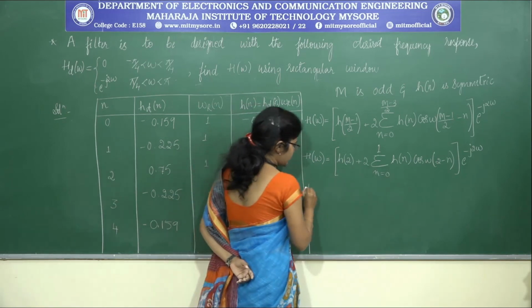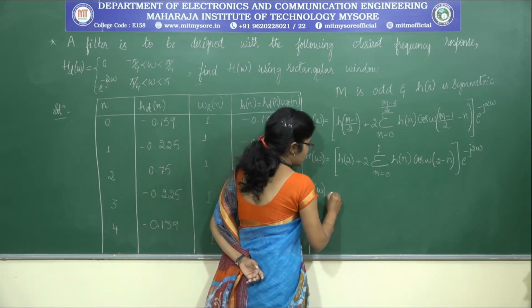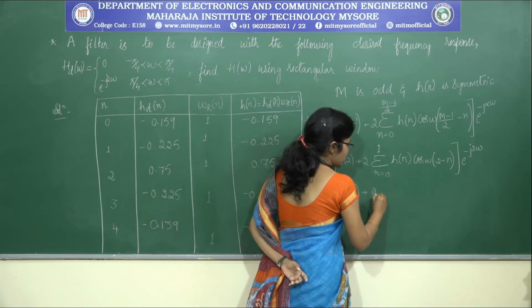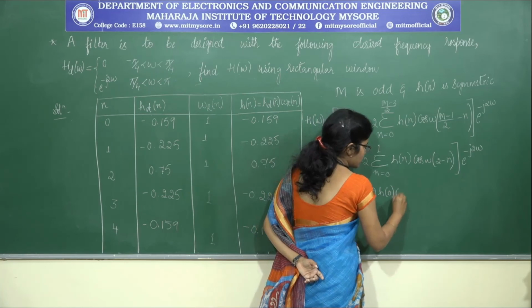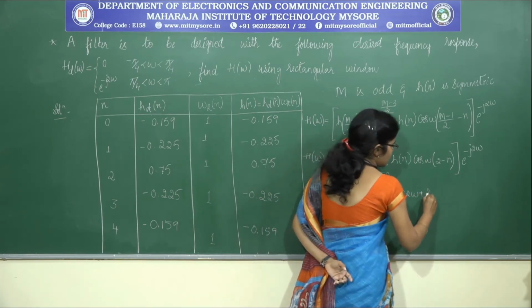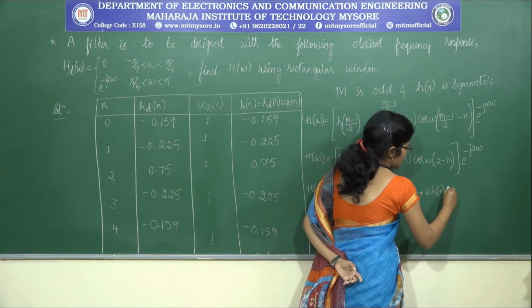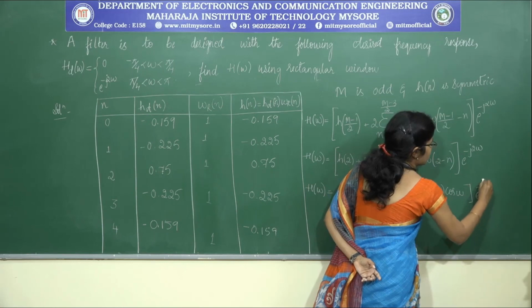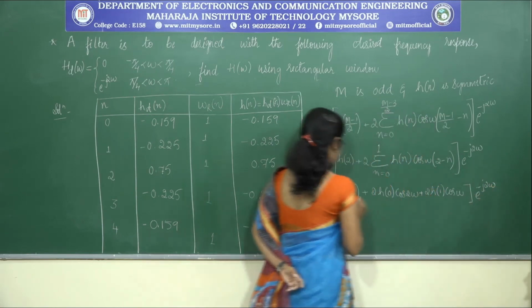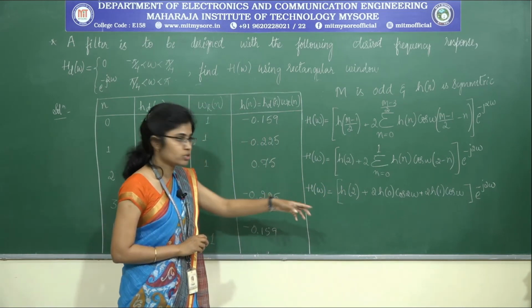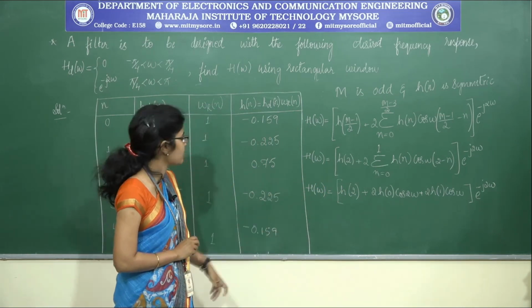So if I expand the summation, h of omega will be equal to h of 2 plus 2 into h of 0 into cos 2 omega plus 2 into h of 1 into cos omega, into e power minus j 2 omega. Now we know the values of h of 2, h of 0 and h of 1. So it is here only. Let us tabulate.